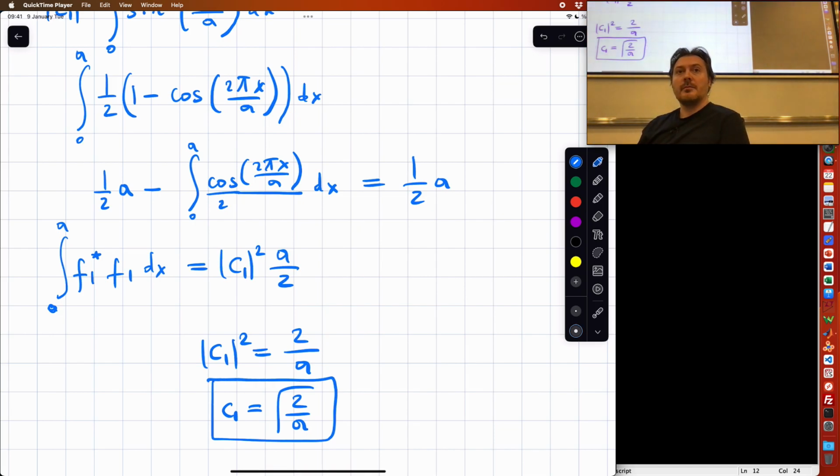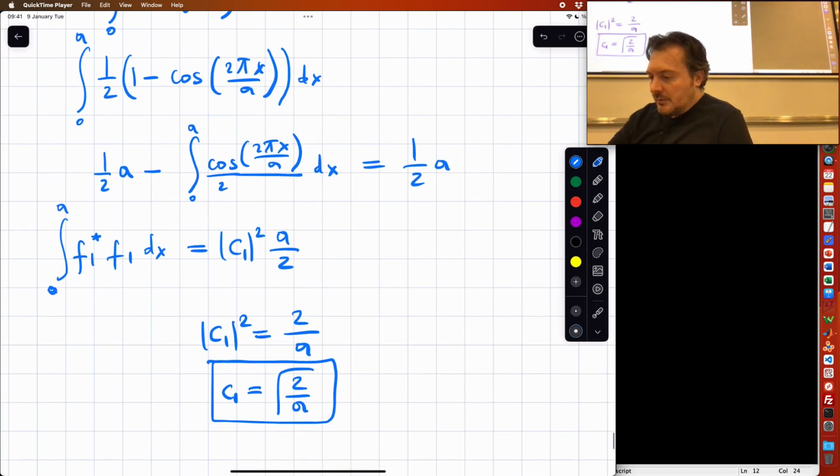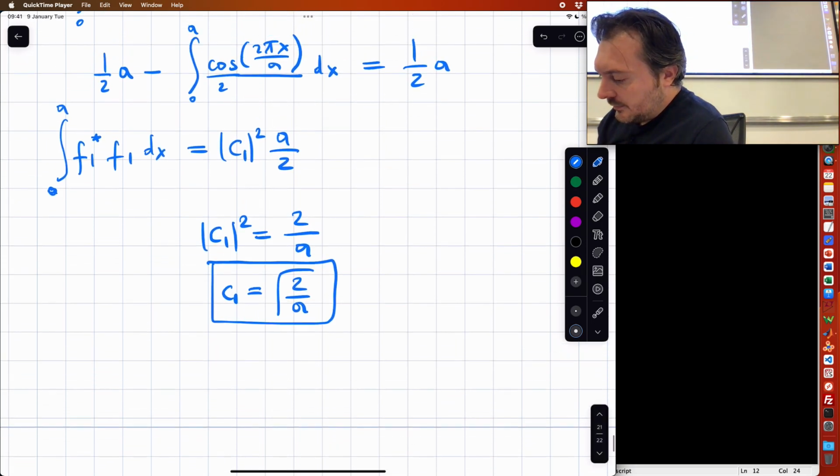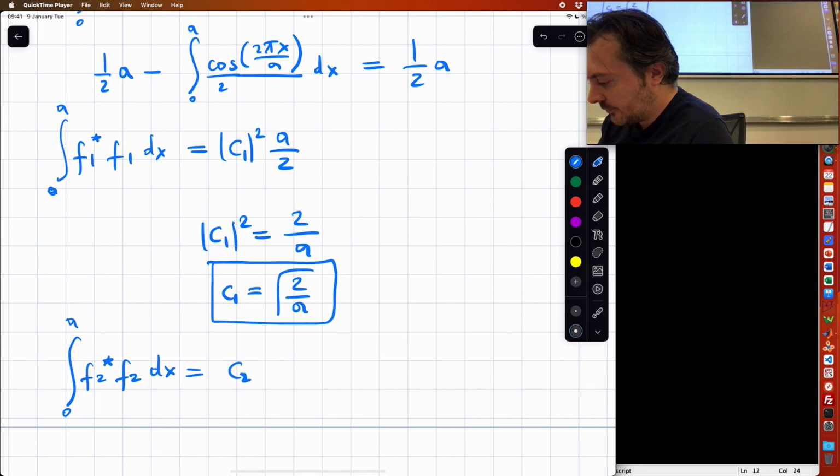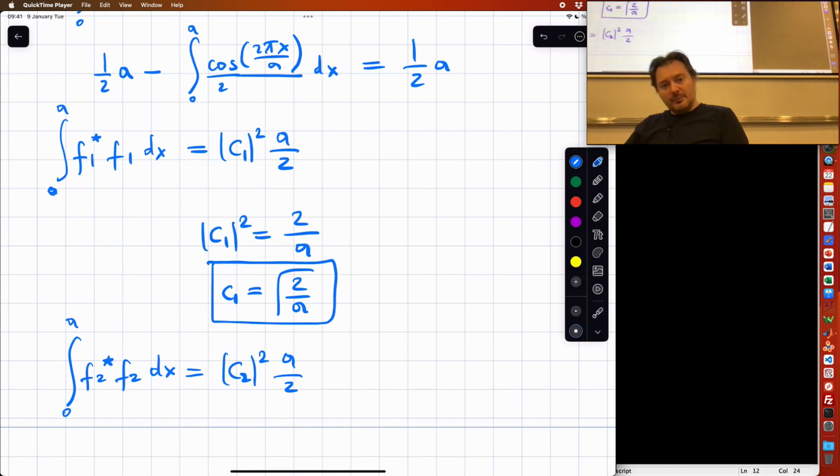Let me just tell you that for f2 star f2, you also get c2 squared a over 2. It doesn't matter whether it's sine squared pi x over a or sine squared 2 pi x over a.